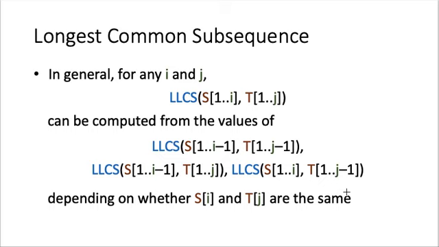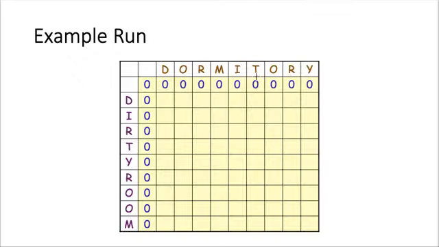So the idea here is that whenever we want to compute S1..I up to T1..J, it just depends on removing the last characters of both of them, or removing one character from S or one character from T. It seems to be easier if we provide an example for you.